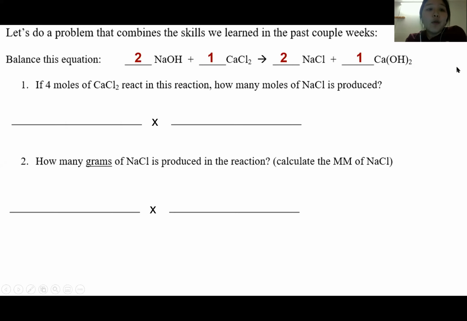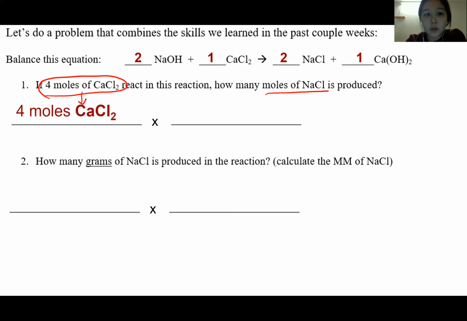Number 1, it says 4 moles of calcium chloride react in this reaction. How many moles of sodium chloride is produced? So we're always going to start with the given, 4 moles of CaCl2, and we're looking for moles of NaCl, right? So we have to look at the recipe, our chemical equation.